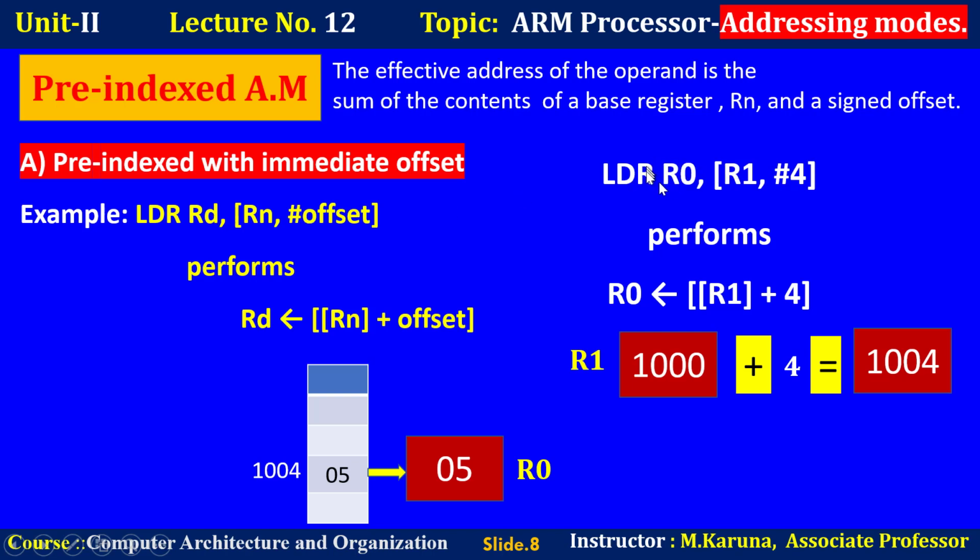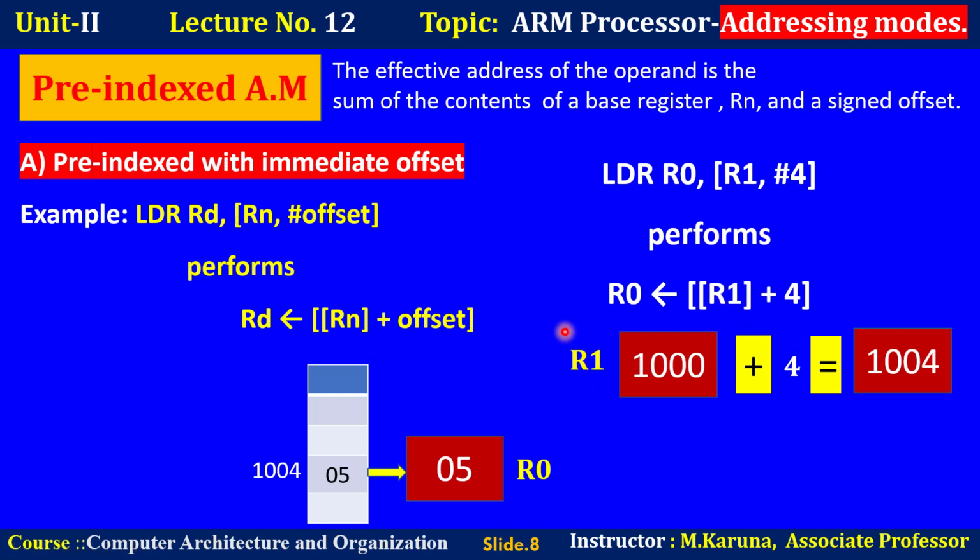For that purpose I am using the R0 register. So this is the instruction used to perform the load operation. LDR R0 comma R1 comma hash 4 performs the operation R1 plus 4. Brackets are used around R1 to indicate the address.